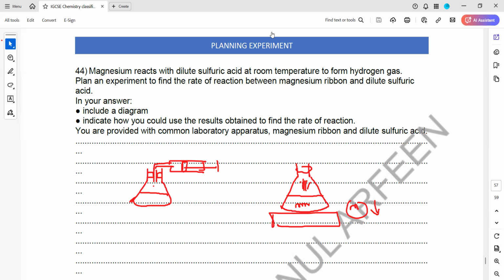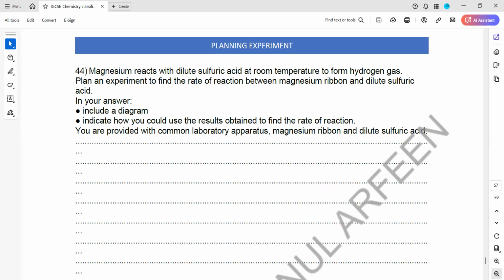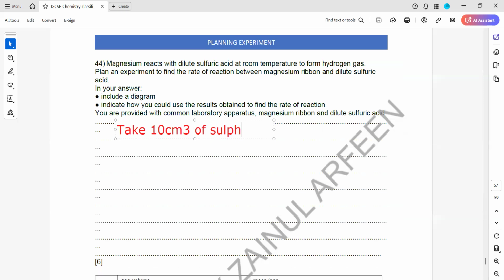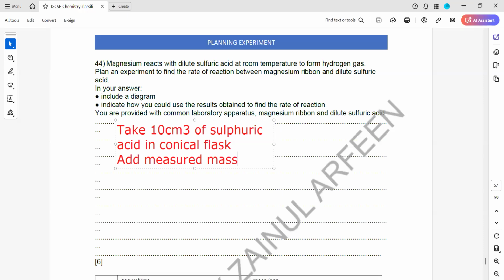So how to plan this? First, let's say take 10 cm cubed of sulfuric acid in a conical flask. Then we will add a measured mass of magnesium ribbon, or a size.